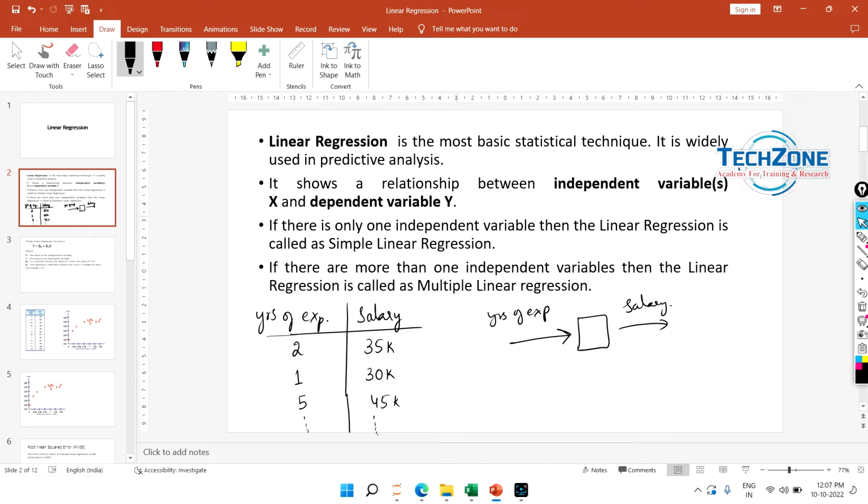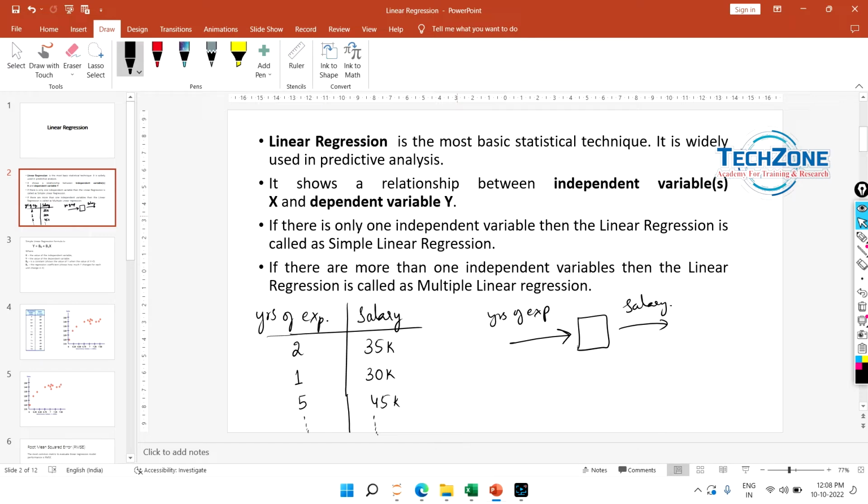So in this case, what is an independent variable and what is a dependent variable? Independent variable is the one which we give as input to our model, and dependent variable is the output. So in our case, years of experience is our independent variable.